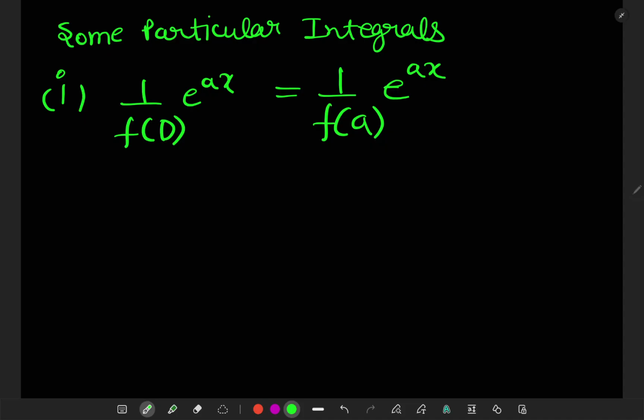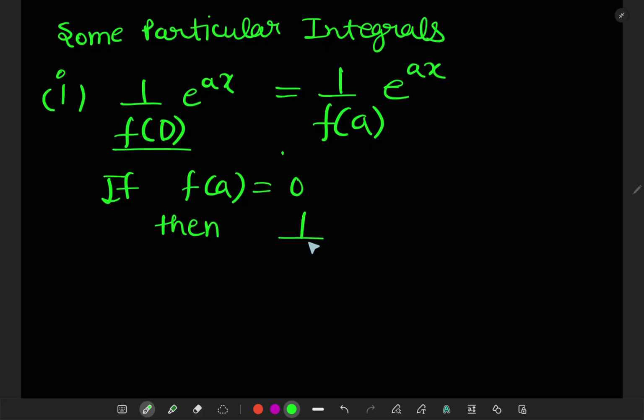This will become this. If f a is equal to 0, then do the partial differentiation of this f d, then put the value of d is equal to a, and multiply by x to the numerator.